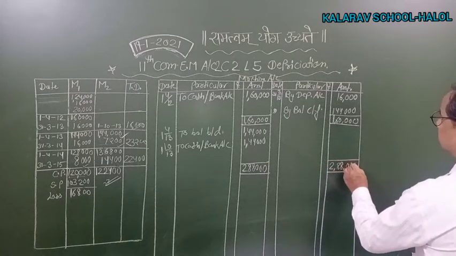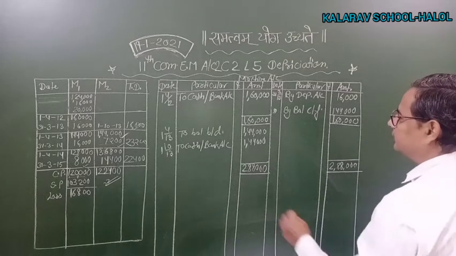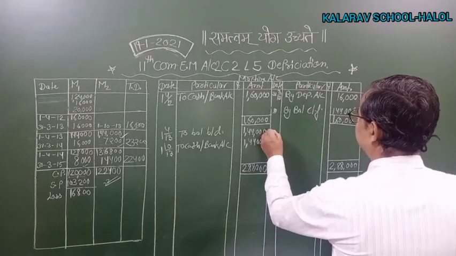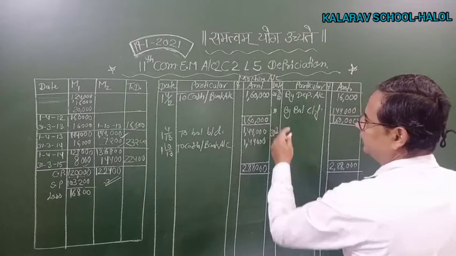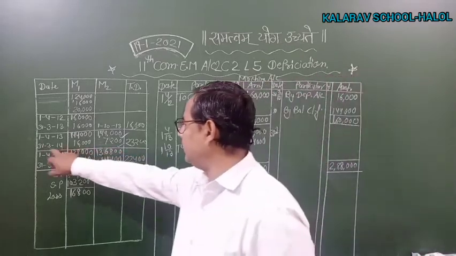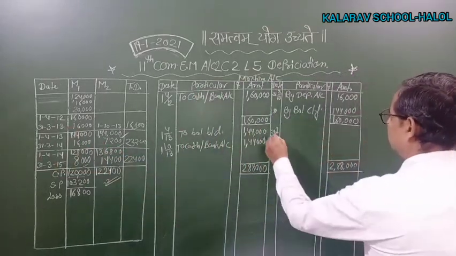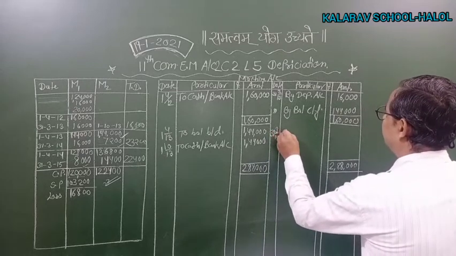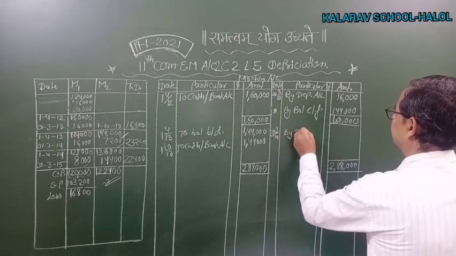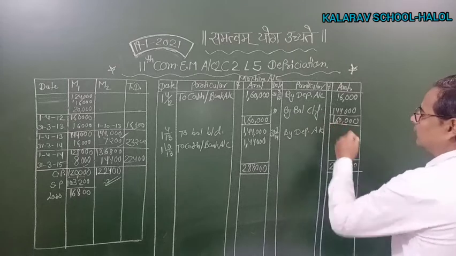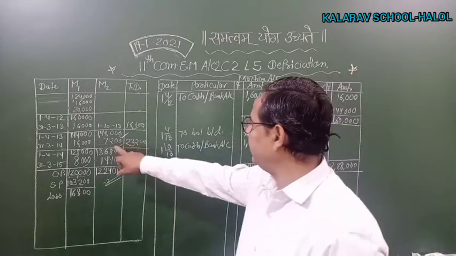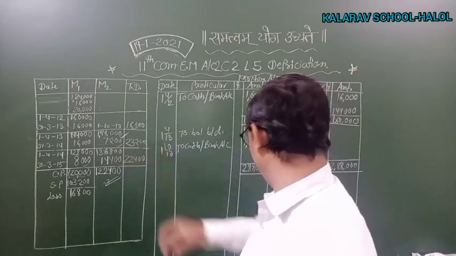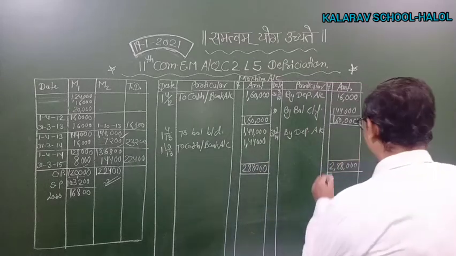Okay, now again in this year 31st 3. Now this financial year is ending on 14. Okay, so you write here by depreciation account. Now how much depreciation has occurred here? 23,200.